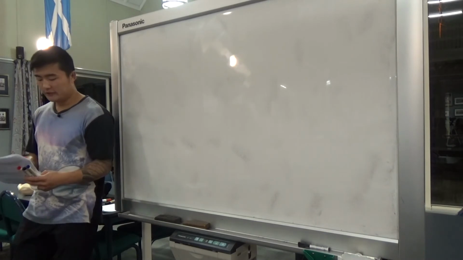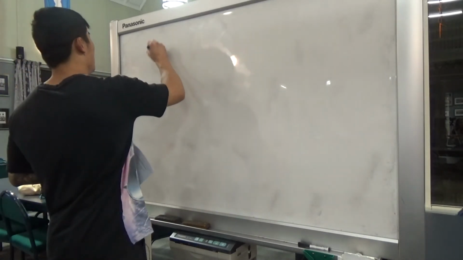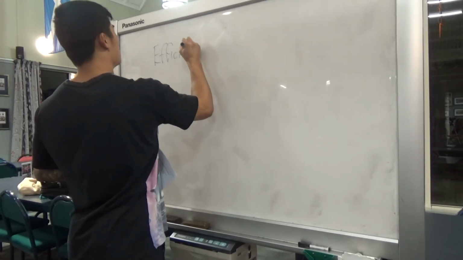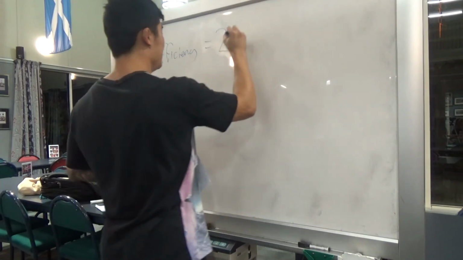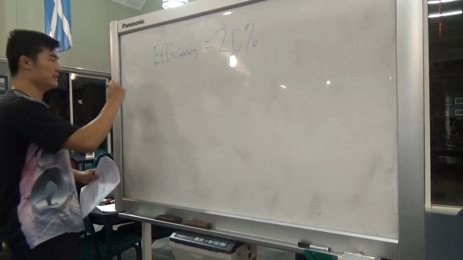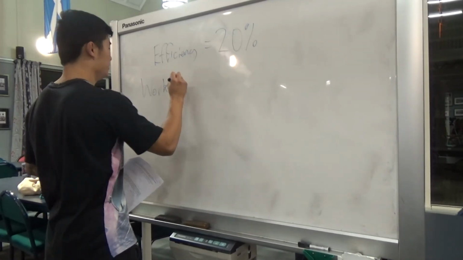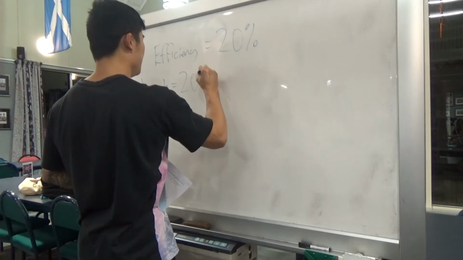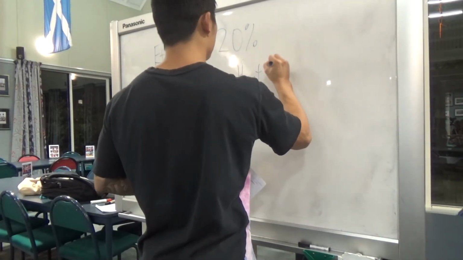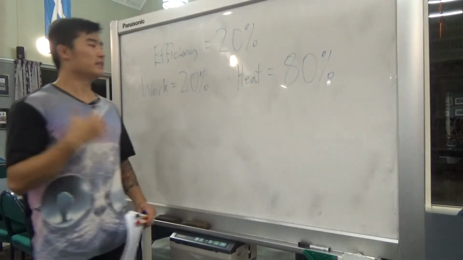So if she has a work efficiency of 20%, what that means is that work is equal to 20% and heat is equal to 80%, okay?